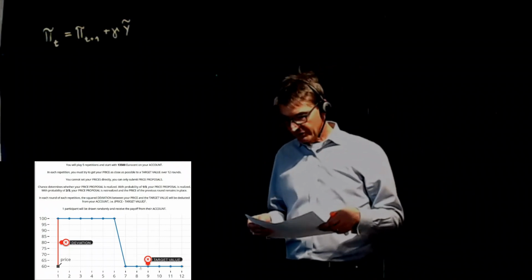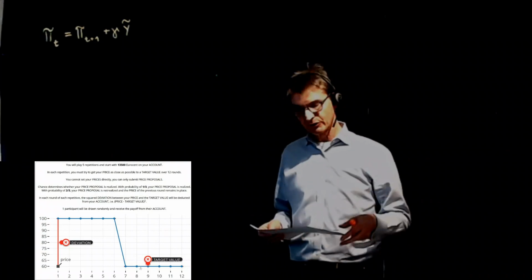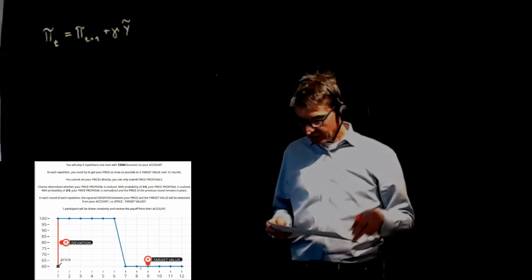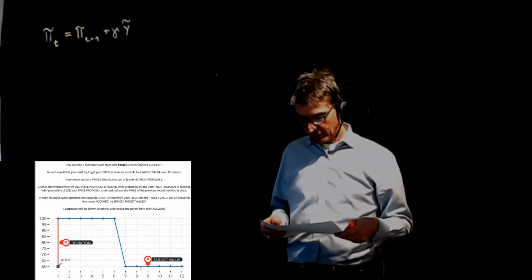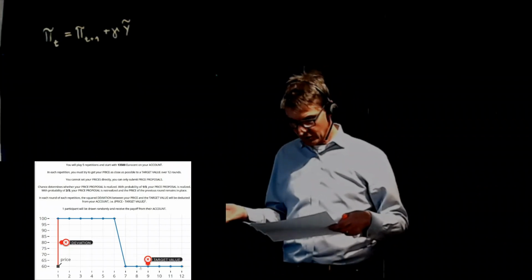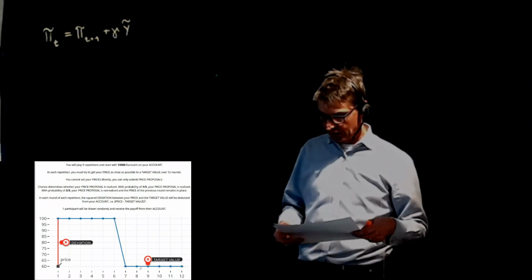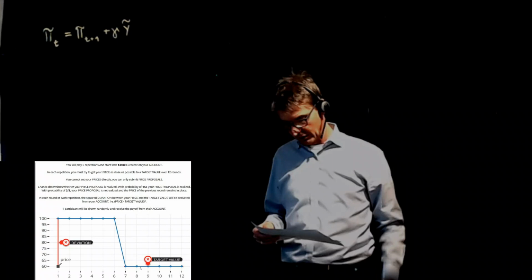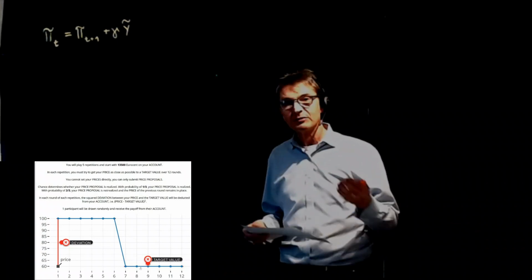You cannot set your prices directly, you can only submit price proposals. Chance determines whether your price proposal is realized. With probability 1/3, your price proposal is realized. With probability 2/3, your price proposal is not realized, and the price of the previous round remains in place.